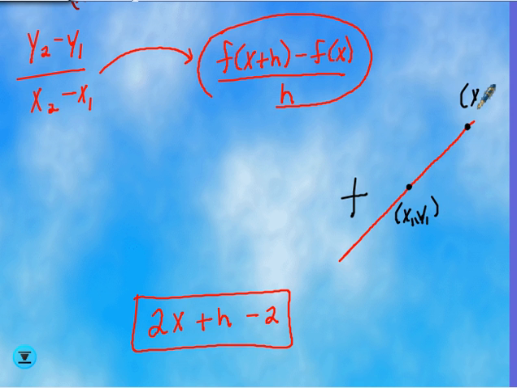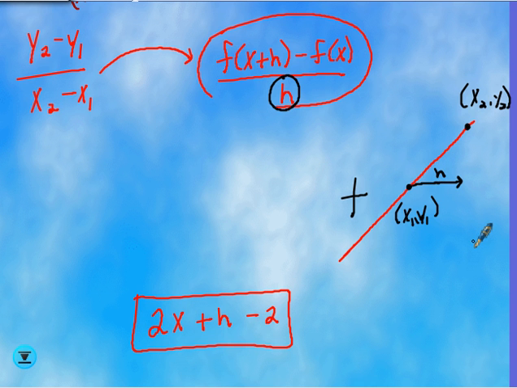This is your point x2, y2. With this formula, what we've actually done is we said, instead of doing x2 minus x1, let's let h be the distance from x1 over to x2. Let's let this distance right here be h.